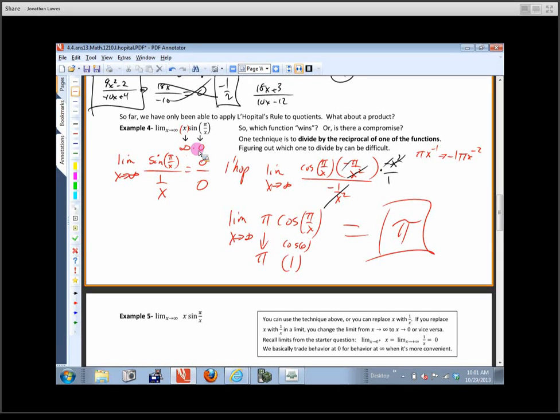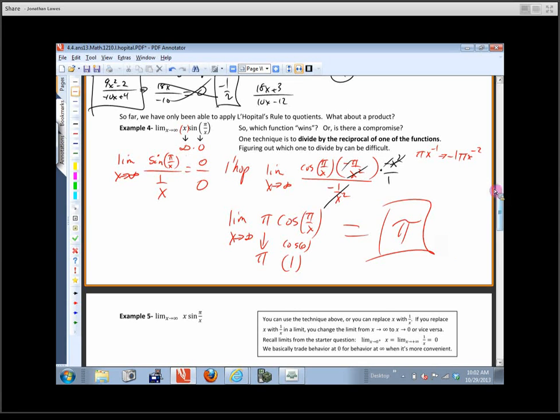So we have to change it into that format. The technique that this book wanted us to use was divide by the reciprocal of one of those functions. So we chose to divide by the reciprocal of x, which is 1 over x, which we talked about algebraically. That is the same thing as x times sine pi over x, and so forth. Went through and got the answer like that.